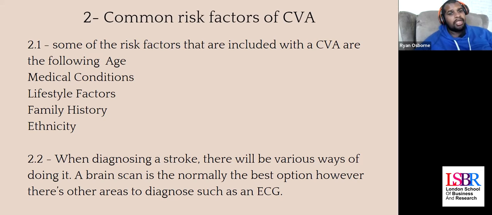The next thing you would have to look at is the family history itself. Is there anyone in the family who has had a stroke, or who has certain medical conditions that run through the family? Why is that important?